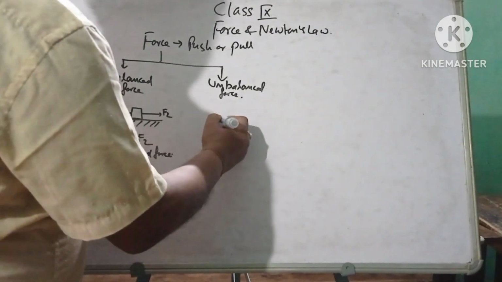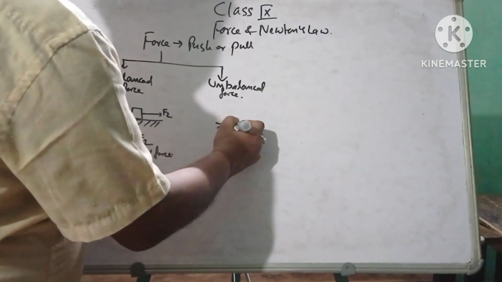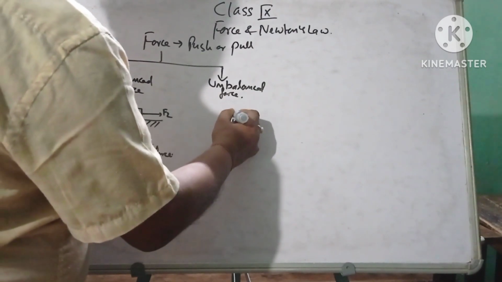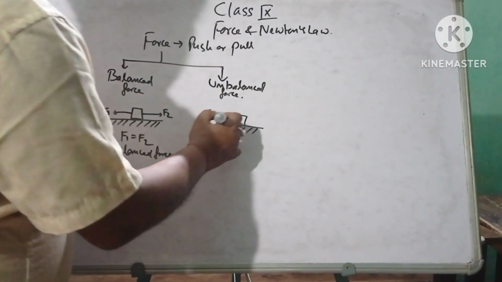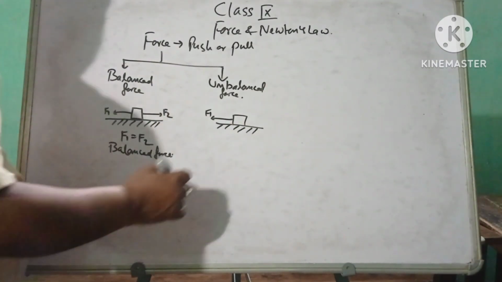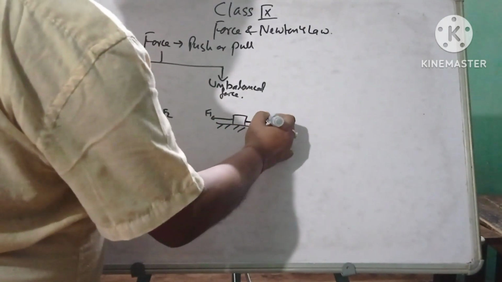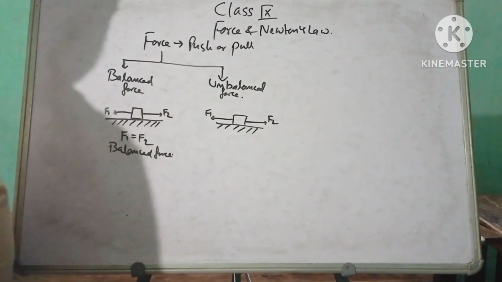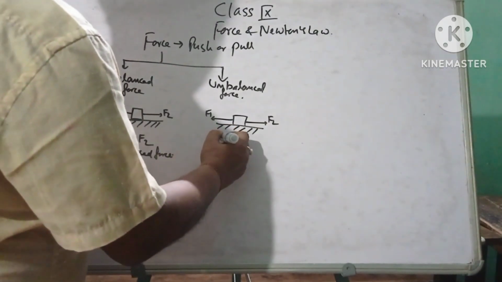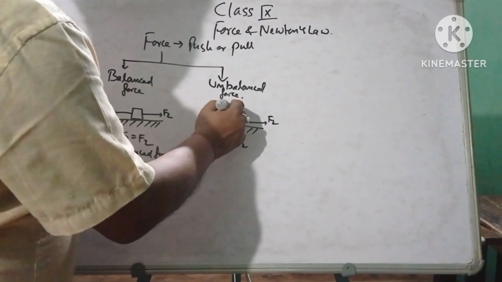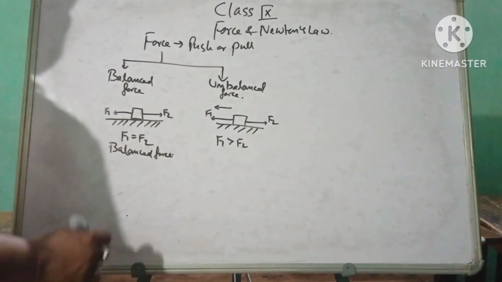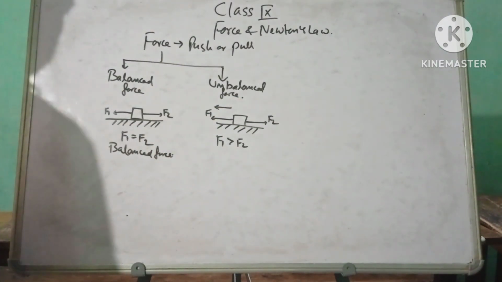Now suppose the same case: this is a block, and a person applies a force F1 in this direction, and another person applies a force F2 in this direction. If F1 is greater than F2, then the block will move in this direction, and this is called an unbalanced force.